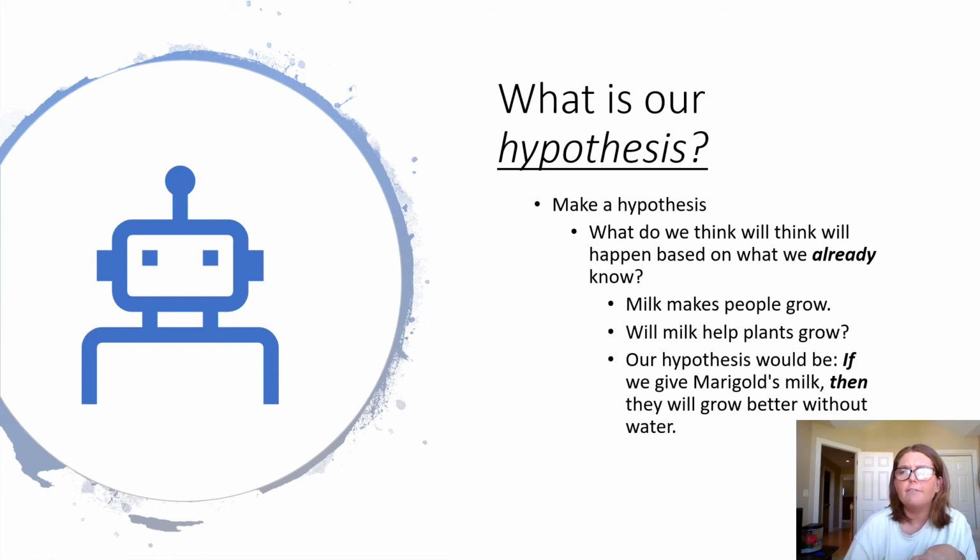It makes sense that flowers would grow faster with milk, right? So she says that her hypothesis would be, if we give marigold flowers milk, then they will grow better than without, with water. So that's her hypothesis. Always remember, if, then.